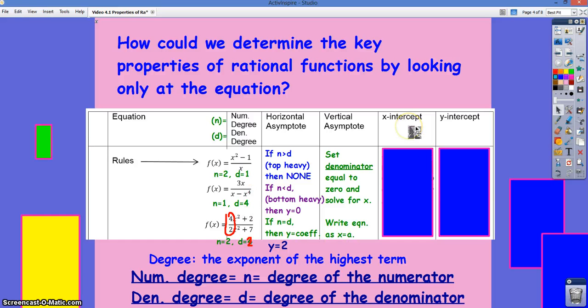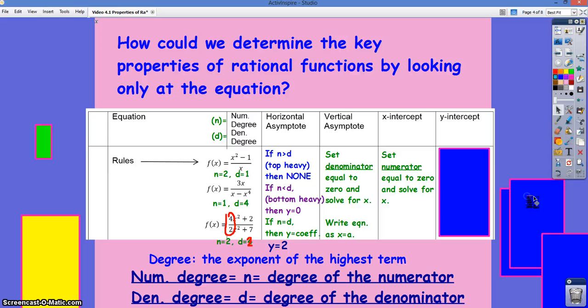Next, x-intercepts. Where does the graph cross the x-axis? Well, if it crosses the x-axis, that means that our y equals 0. Okay? So to find our x-intercept, we are going to set the numerator, the top, equal to 0 and solve for x.